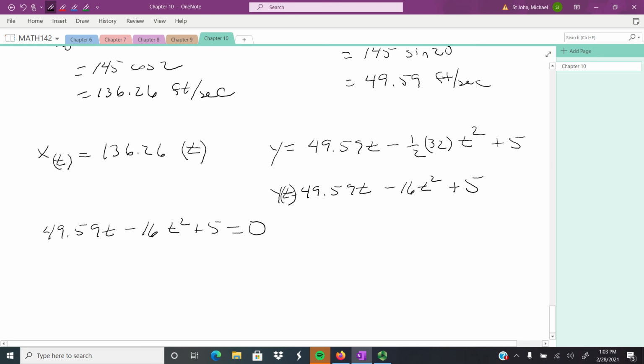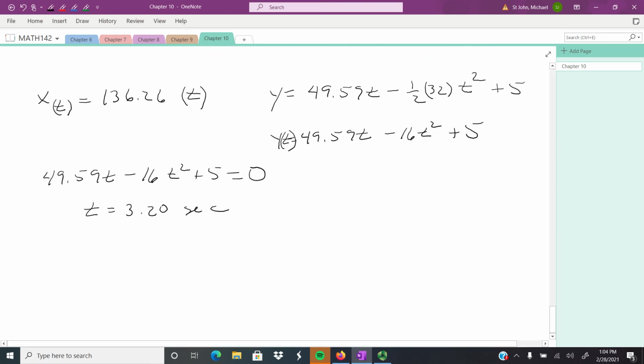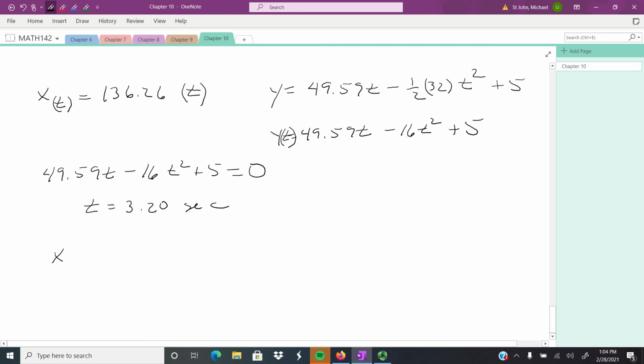And if you do this, and you can check this later, you're going to find out the object is in the air for 3.20 seconds. Well, how far does it travel? In the x direction, this will be given by 136.26 times 3.20, and we find out it travels 436 feet in the x direction.